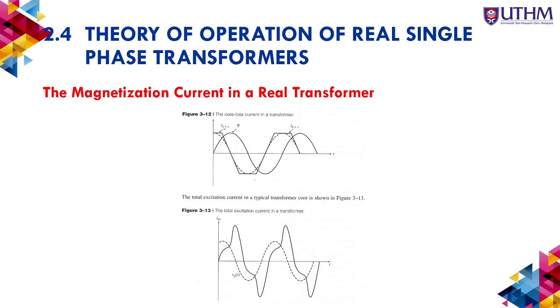So you can look at the voltage at the back here. The voltage at the back, the current will follow the voltage. So the eddy current and also the hysteresis will follow the voltage.